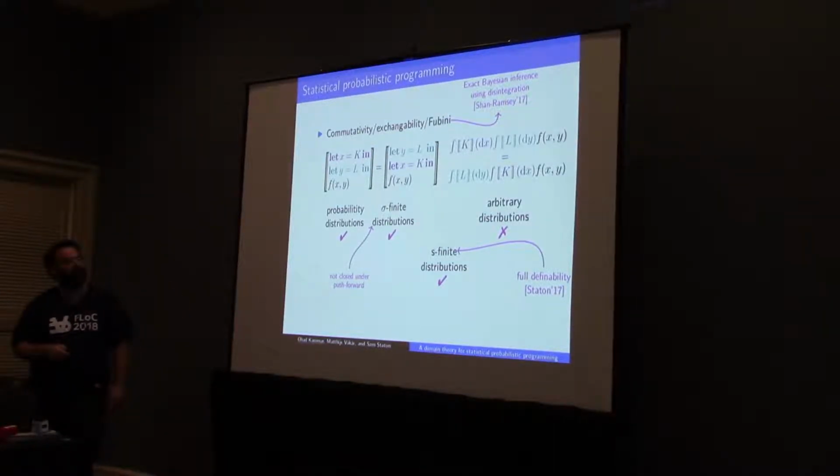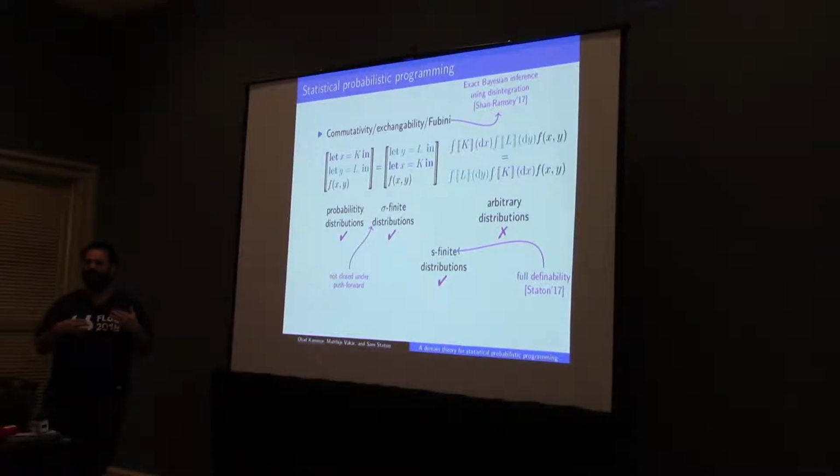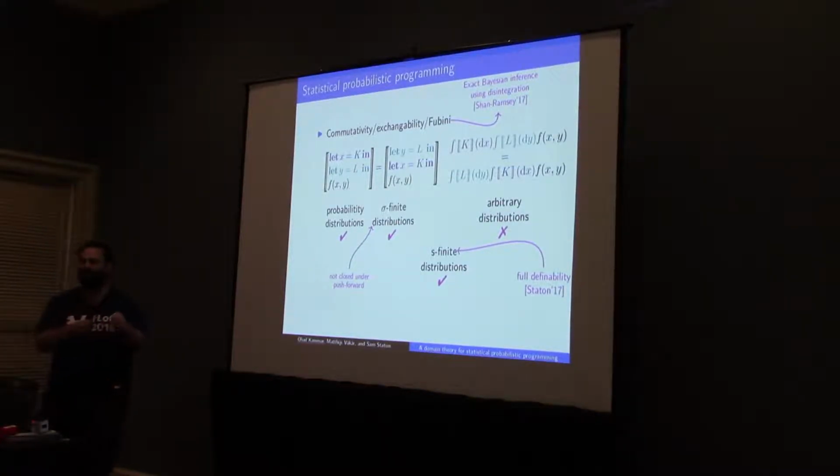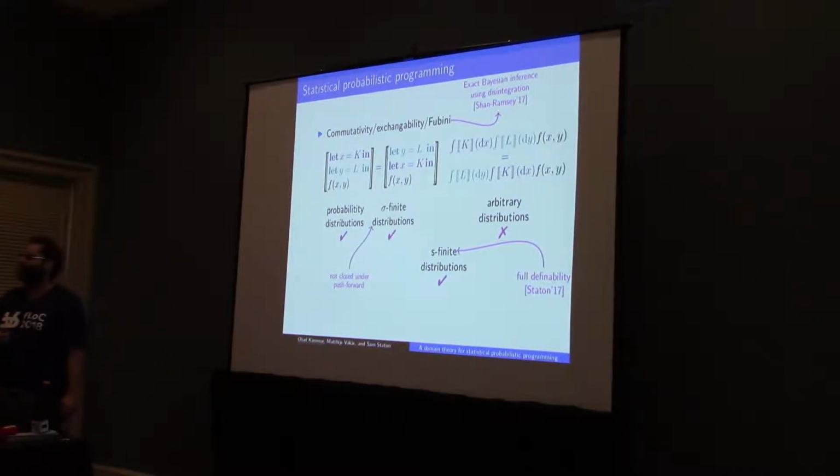The reason we want Fubini is that when we want to do things like exact inference, we want some process that calculates exactly the distribution, and sometimes that's possible. We really need properties like commutativity to get things close to each other, so then they reduce and we can simplify the process. Yes? Very basic, but why not just probability distributions?